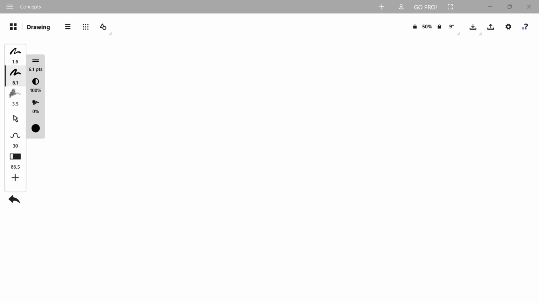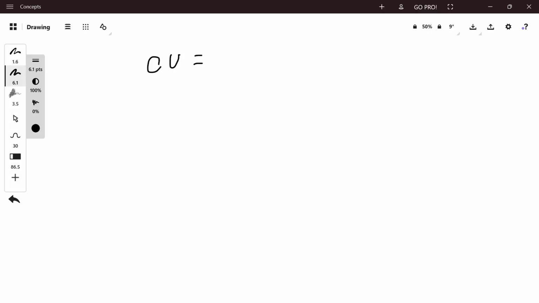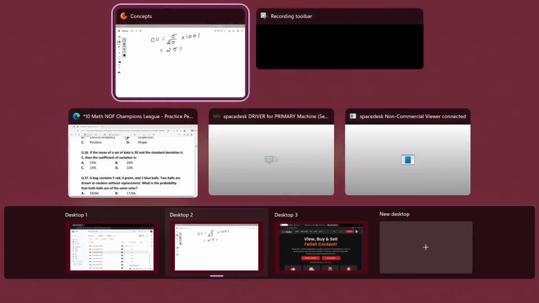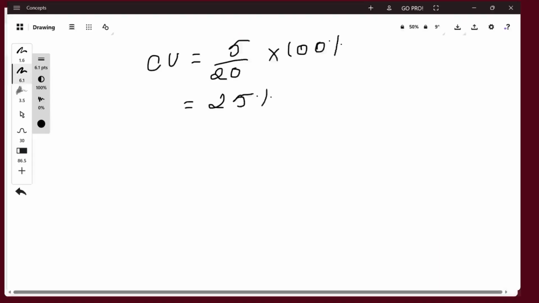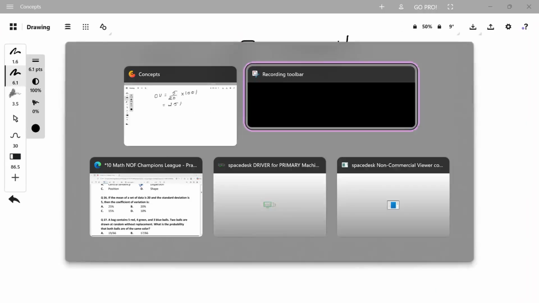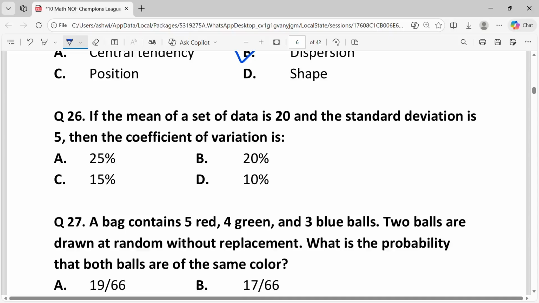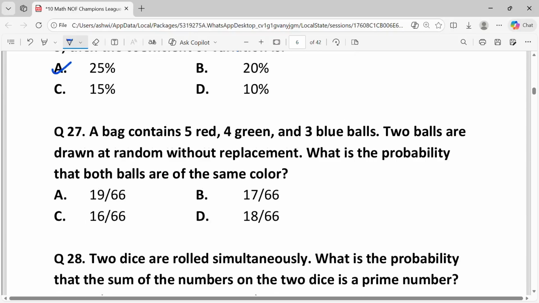Given that mu is 20 and sigma is 5, CV is equal to 5 upon 20 into 100%, that is equal to 25%. From the given options, the answer is A, 25.